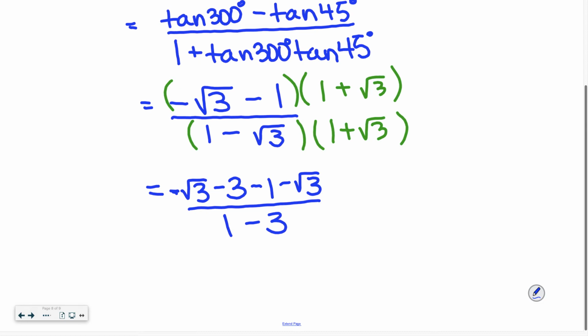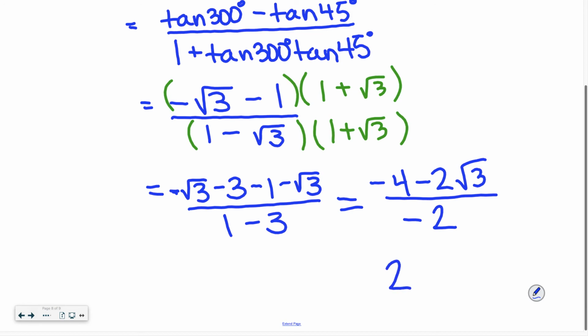Do you agree with all those numbers? So in our numerator, we have negative 4 minus 2 radical 3. And in our denominator, we have negative 2. Each of these are getting divided by negative 2. So negative 4 divided by negative 2 is a positive 2. And negative 2 radical 3 divided by negative 2 is a positive radical 3. Here is the exact value.